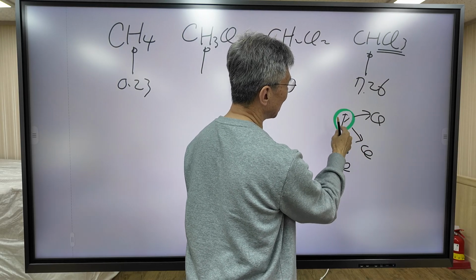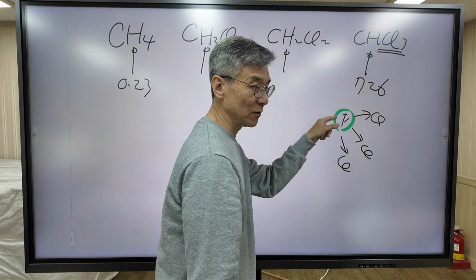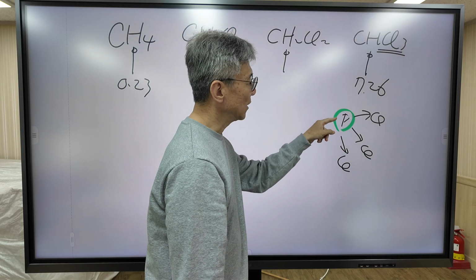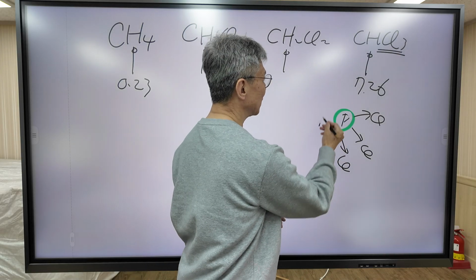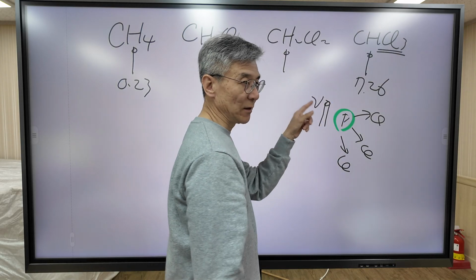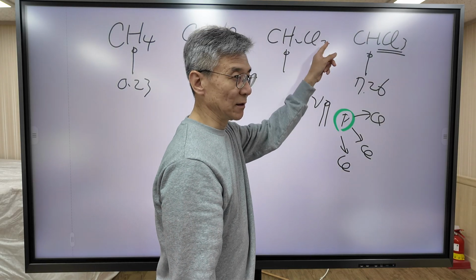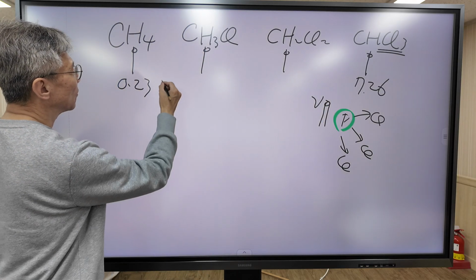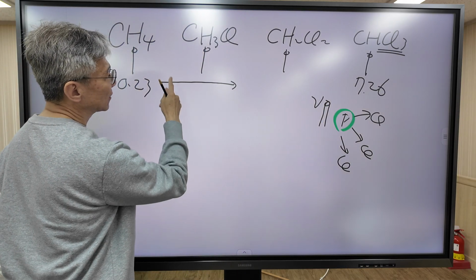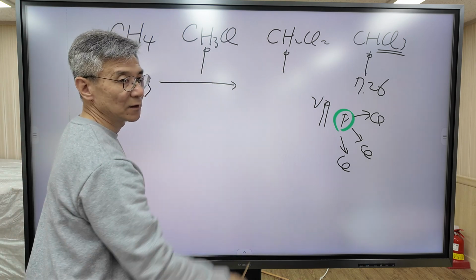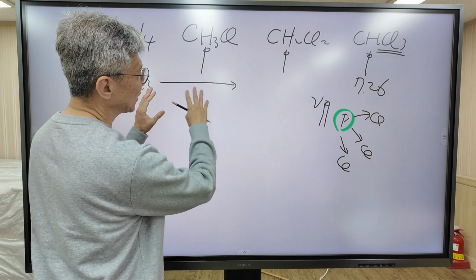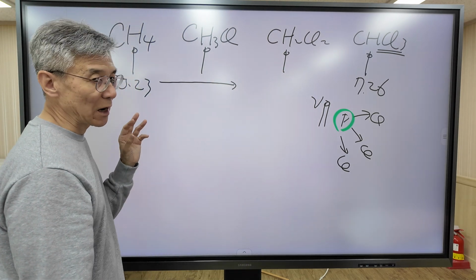So there are no electrons around the proton. So the proton experiences the full magnetic field. So transition frequency increases. So the delta increases. So when you go from left to right, the chemical shift increases.